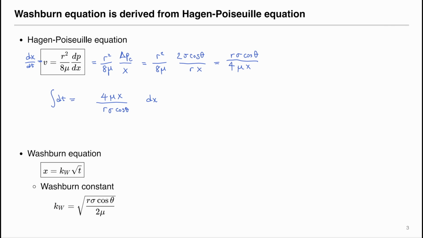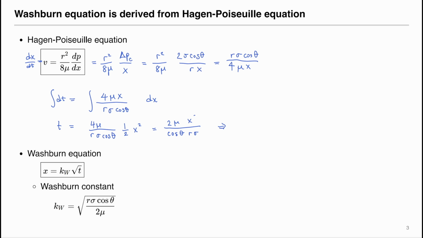If we integrate both sides, we have t equals 4 mu divided by R sigma cosine theta, and these are the constants taken out, and then that's just integrating x. And integrating x gives 1 over 2 x squared. Simplifying this, we have 2 mu divided by R sigma cosine theta.